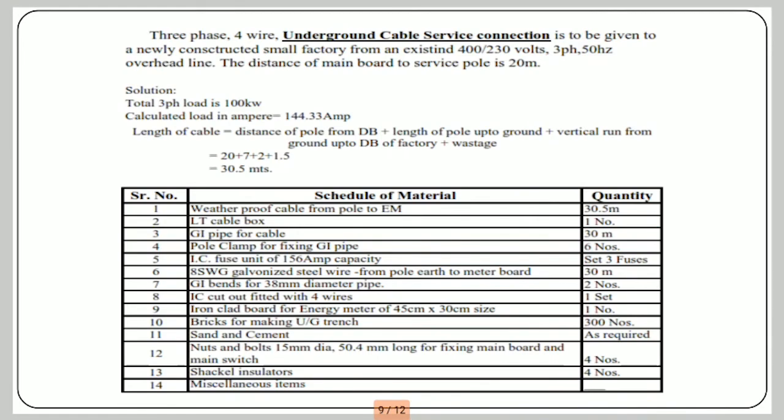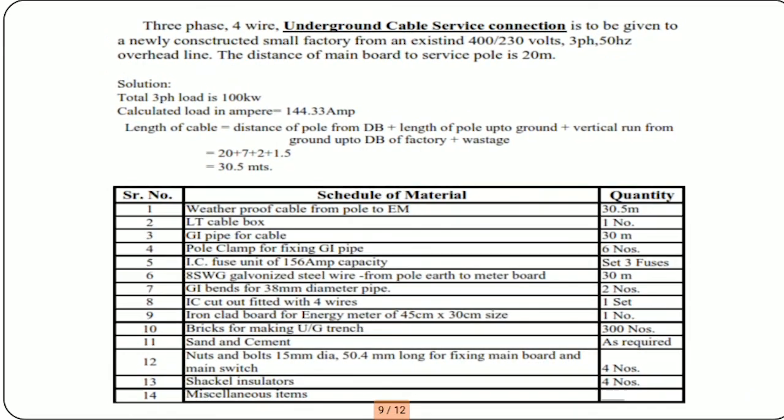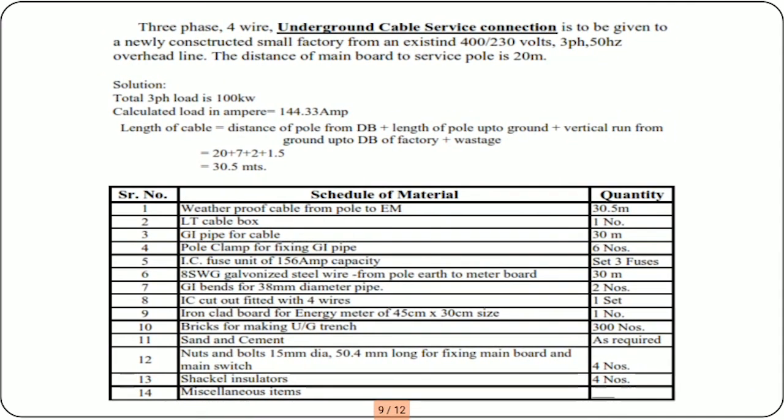Then I will take one example for the underground cable service connection. In this numerical, a 3-phase 4-wire underground cable service connection is to be given to a newly constructed small factory from the existing 400 by 230 volt 3-phase 50 Hz overhead line.